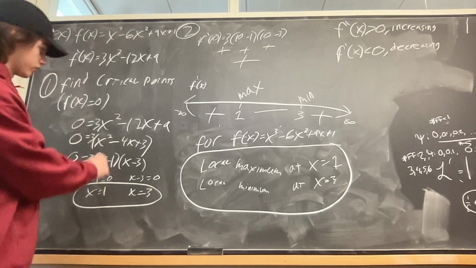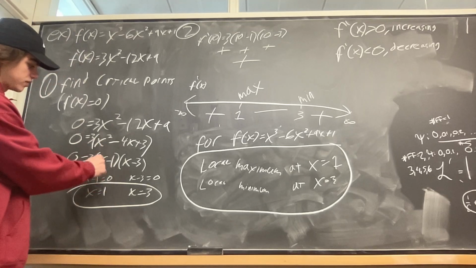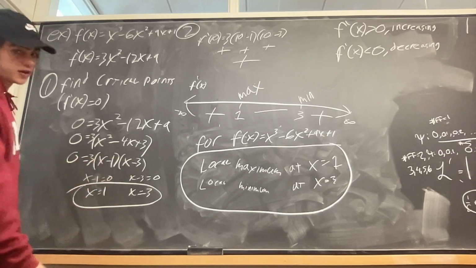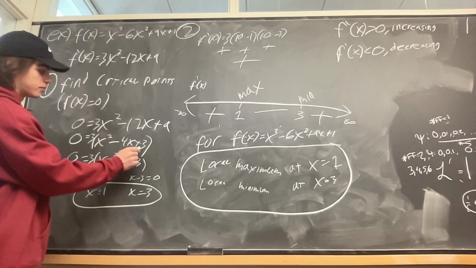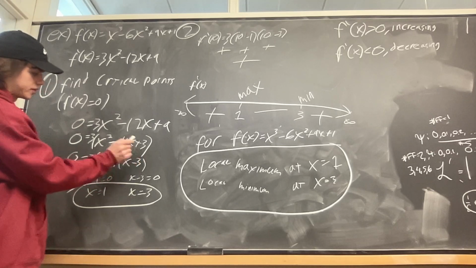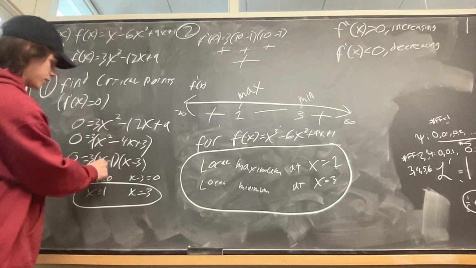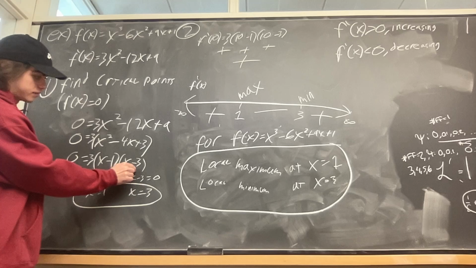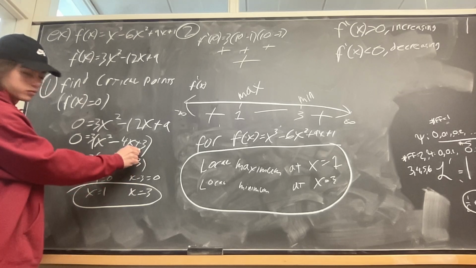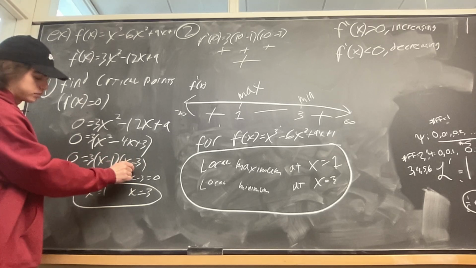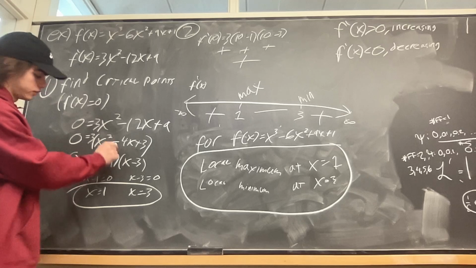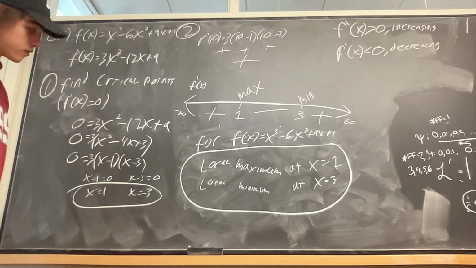And then we factor to get x minus 1, x minus 3, because remember, we need two numbers that multiply to positive 3 and add to negative 4. So negative 1 times negative 3 comes out to positive 3, and negative 1 plus negative 3 comes out to negative 4. So that's how we know those numbers are right.